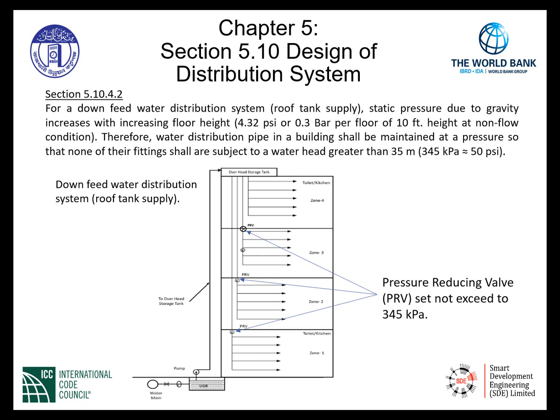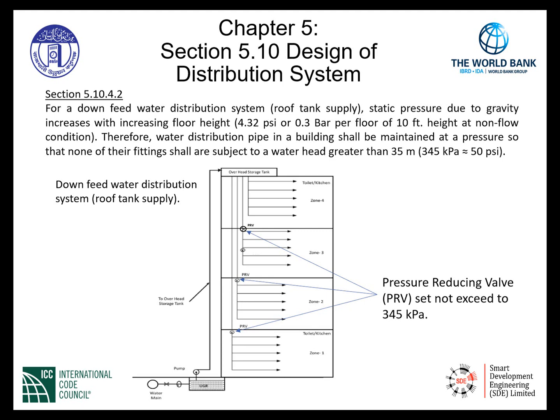Therefore, water distribution pipe in a building shall be maintained at a pressure so that none of their fittings are subject to a water head greater than 35 meters, or 345 kilopascals.